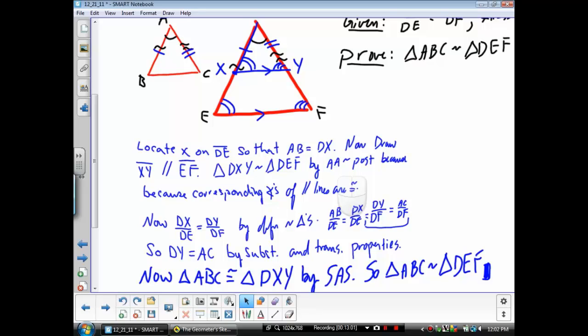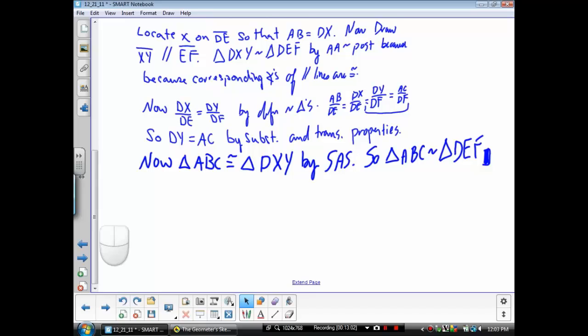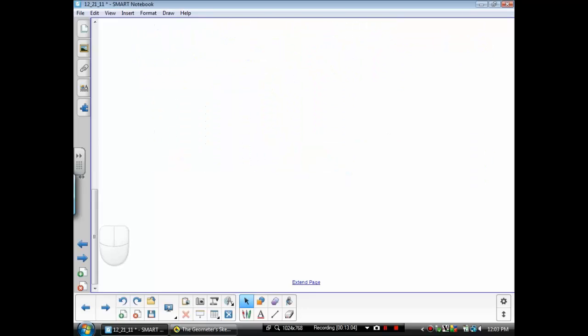The next theorem we're going to look at is Theorem 7.2, which is the side-side-side similarity theorem. What it says is, if all three pairs of sides of both triangles are in proportion, then the triangles are similar.